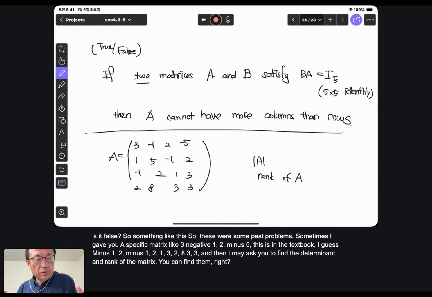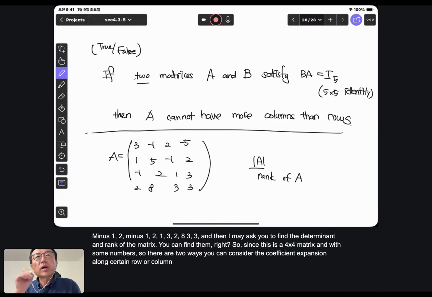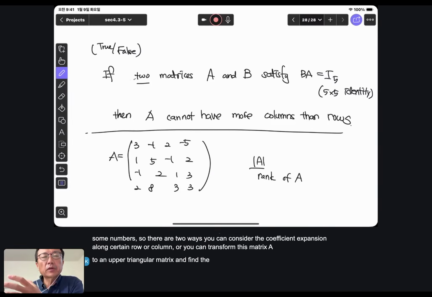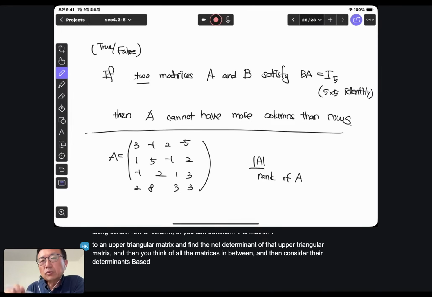Since this is a 4 by 4 matrix with some numbers, there are two ways. You can consider the cofactor expansion along a certain row or column, or you can transform this matrix A to an upper triangular matrix and find the determinant of that upper triangular matrix. And then you think of all the matrices in between and consider their determinants based on what kind of row operation you performed.